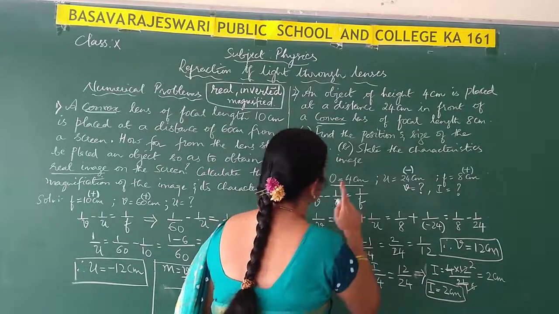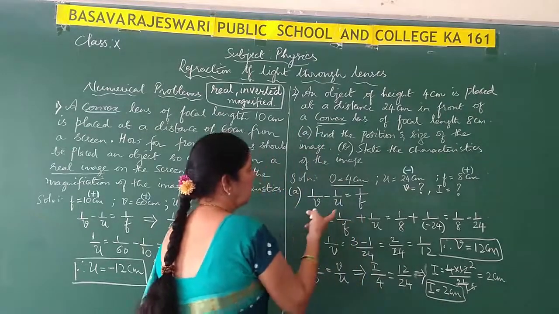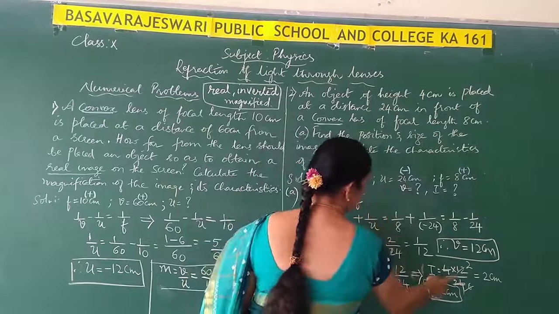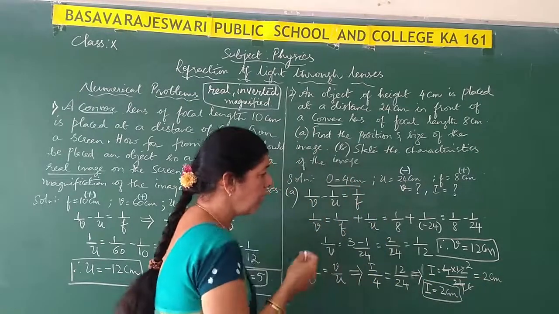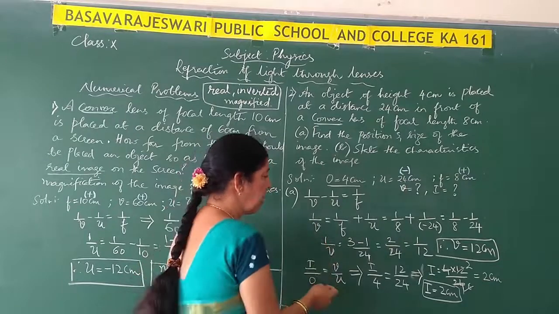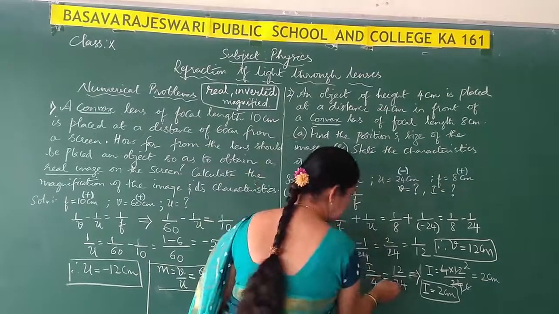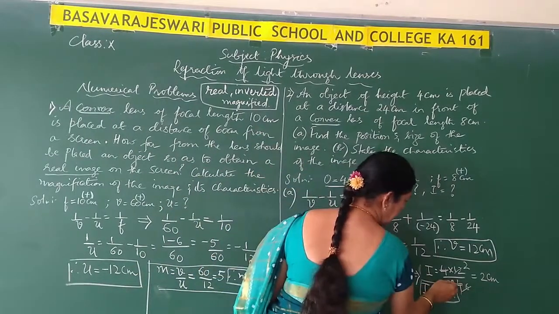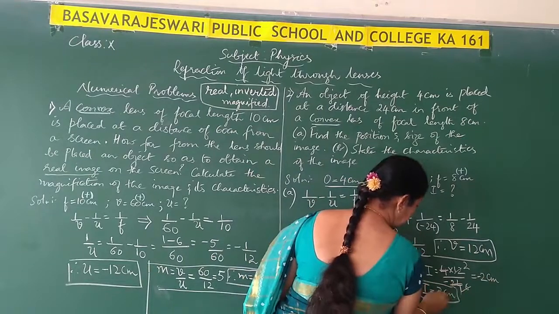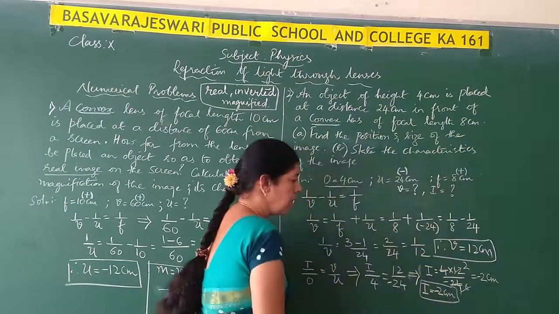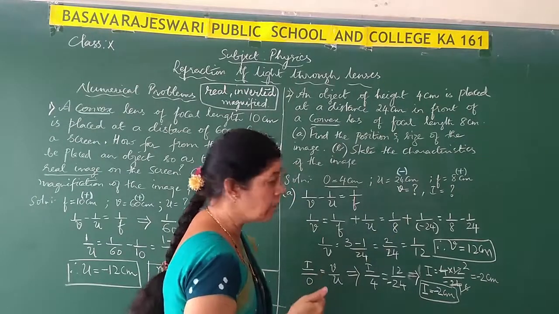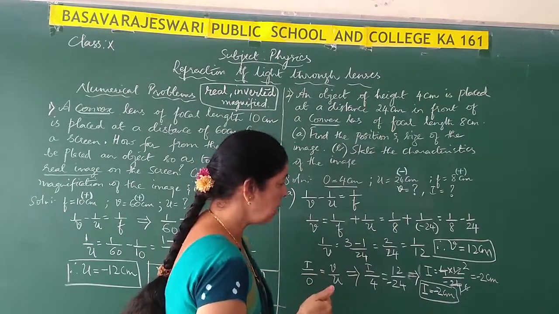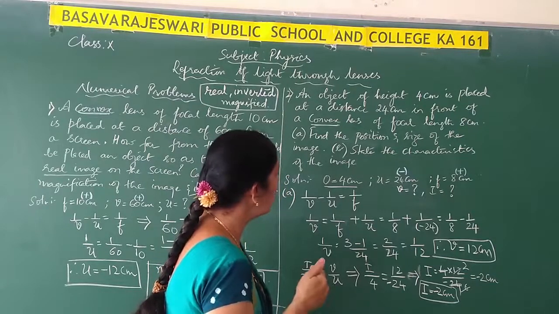Even if you take u equal to minus 24, you will get minus 2 centimeter. Minus 2 centimeter means it will be an inverted image. Here if you want you can take the minus sign also. Minus 2 centimeter means magnification is negative. Magnification is negative means it is a real image and also an inverted image.